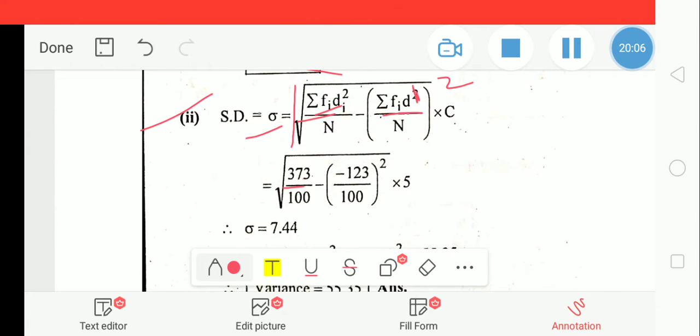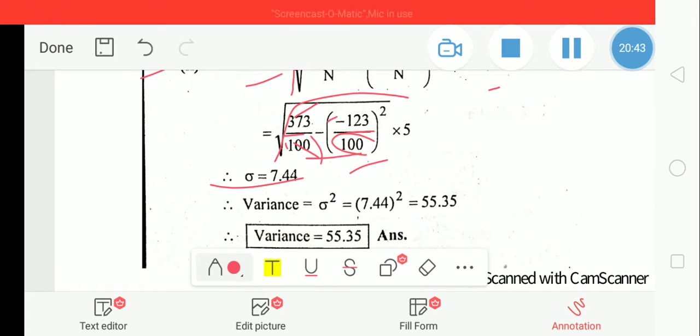So 373 divided by 100, and here summation of fi di, that is minus 123 divided by 100. Now multiply by 100 in denominator and numerator. So here 100 square and here also 100 square, so the bases are the same, and minus minus is plus, so 373 plus 123 multiplied by 123 divided by 100 whole square, multiplied by 5, all under the root. So sigma is equal to 7.44.